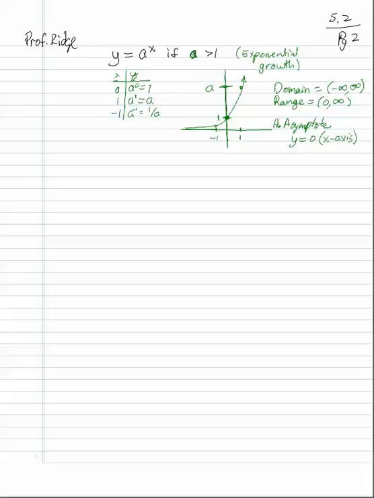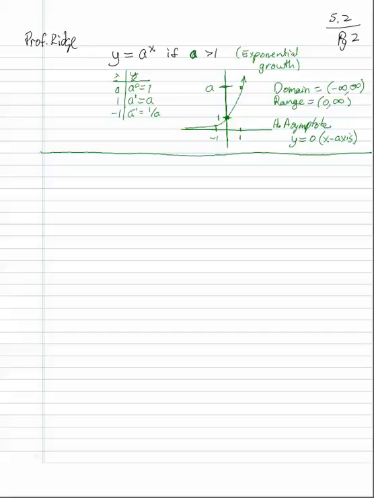So as x goes to negative infinity, the y value is going to go to 0. So that's if the base is bigger than 1, you get this exponential growth curve with all those properties. All right, now let's talk about, well, what if a is between 0 and 1?